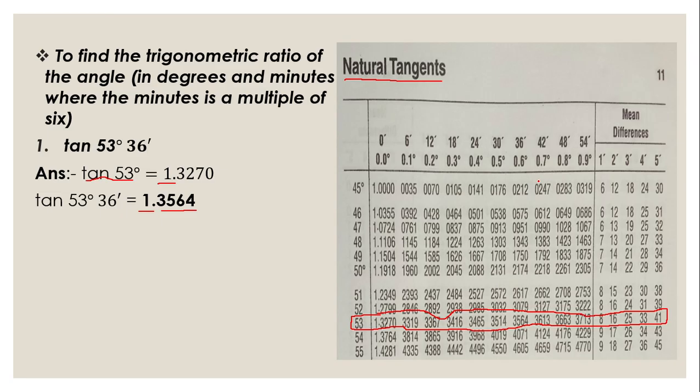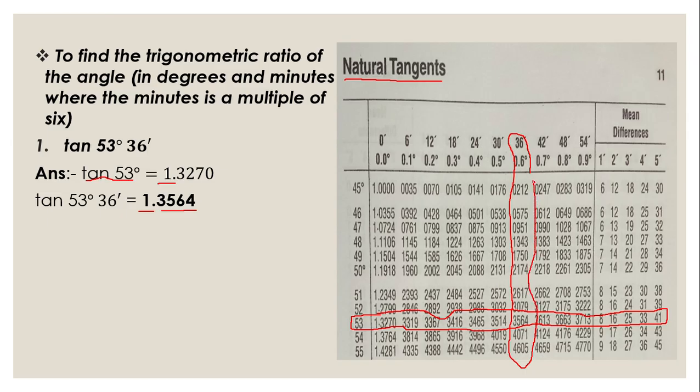After finding 53 degree, you have to find the intersection of the 53 degree row and 36 minute column.